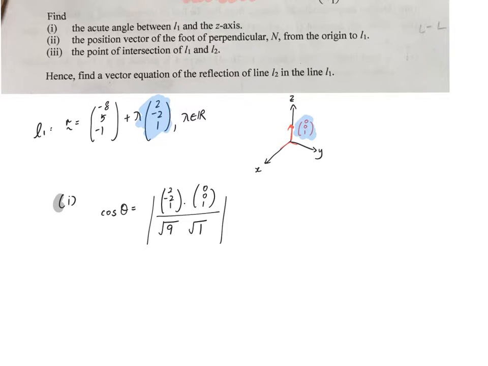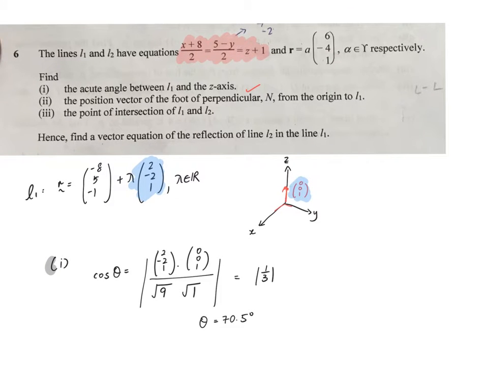You should get modulus of 1/3, so cosine theta is equal to 1/3. Now just do the cosine inverse and the final answer will turn out to be 70.5 degrees. So we are done with part 1.